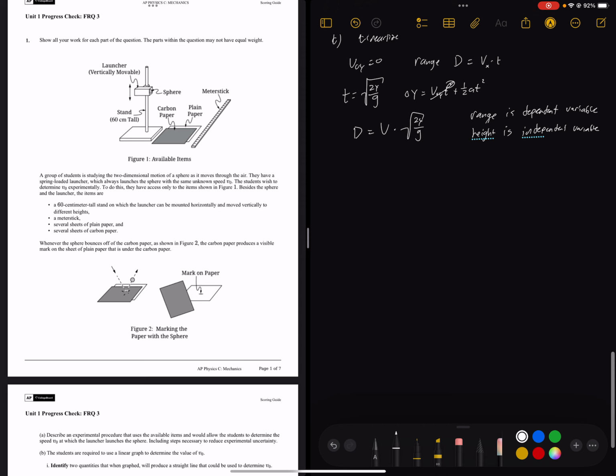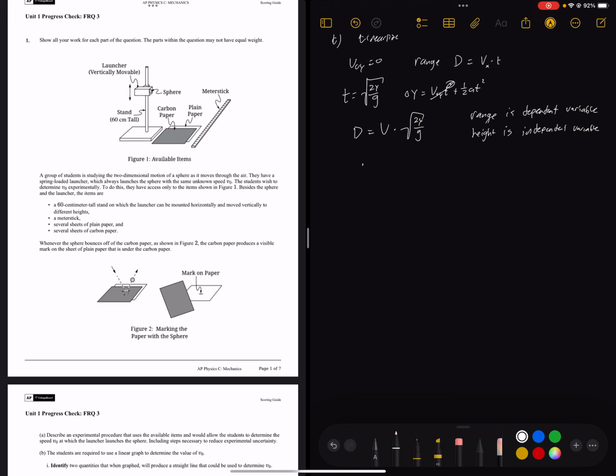Now I have to express this as a linear function. So how do I do that? If I were to graph d as a function of height, it's going to be a square root function, and I can't perform a linear regression on that. But what you can do is change what you plot.